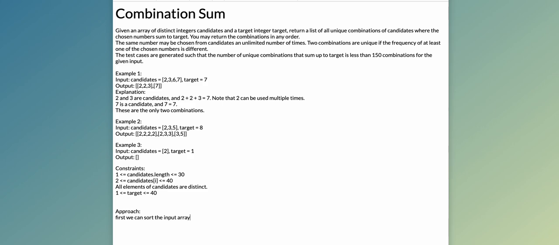Before going into the depth of every recursion, we can add the current candidate item, the current index, starting at index 0, to the current list of candidates.